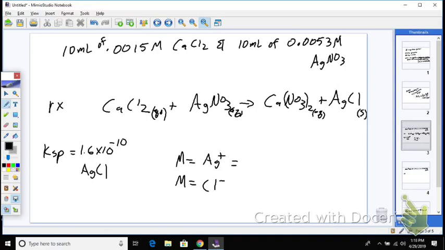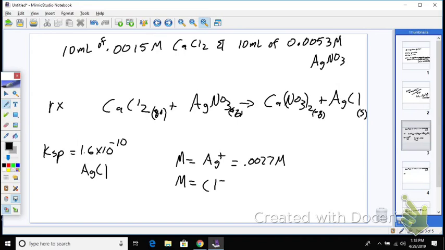Is that what you guys got? I'll show you how to do it. For silver, I came up with, if I did it right, 0.0027 molarity. I'll do that one, and maybe you'll have to readjust for chlorine.